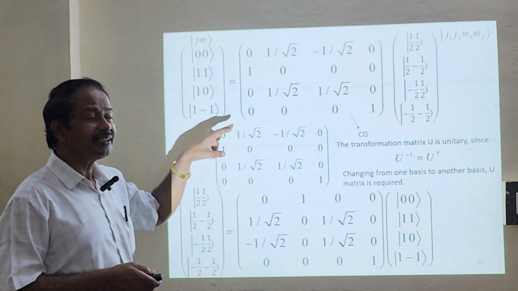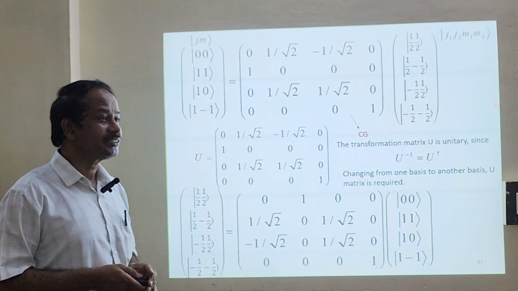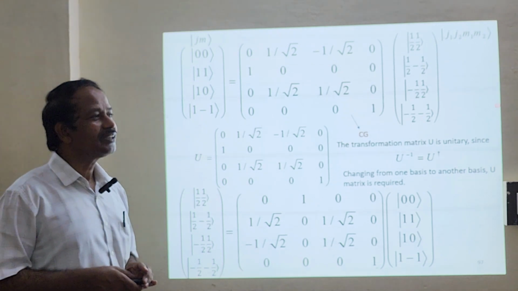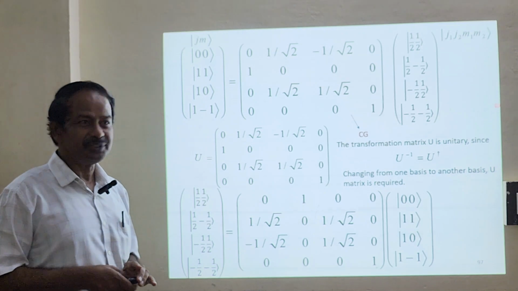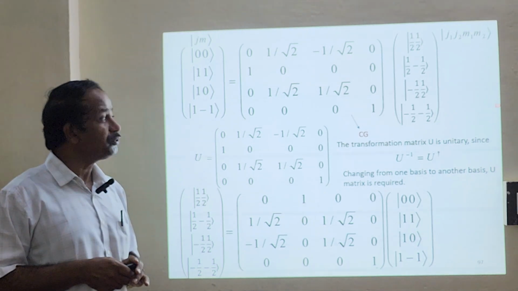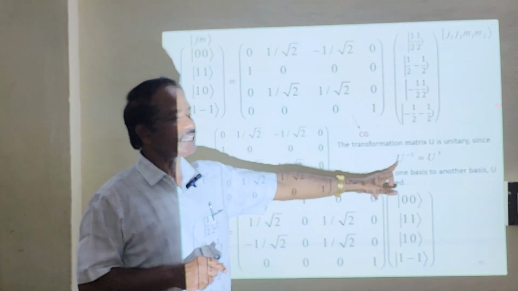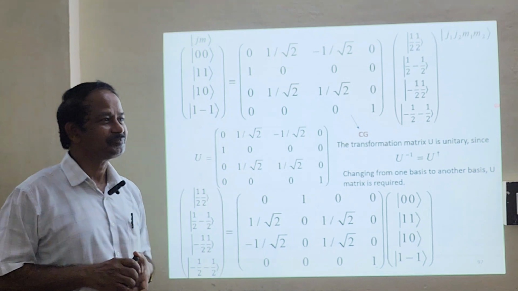As I said earlier, we will have to transform from one basis to another basis, and we will have to use only unitary transformation, which you have used for the pictures. The main property of unitary transformation is U inverse equals U dagger.